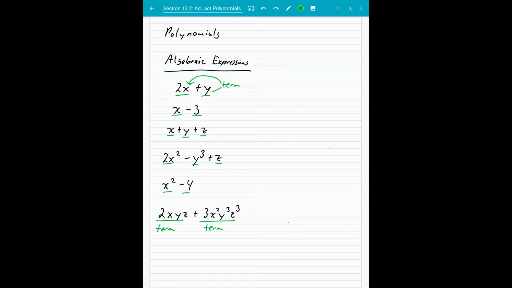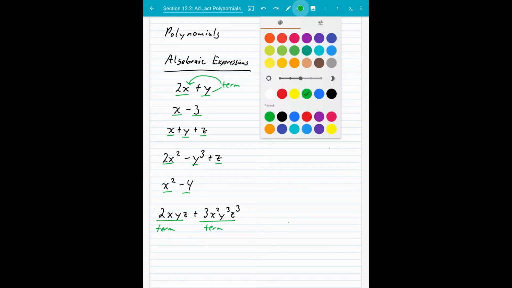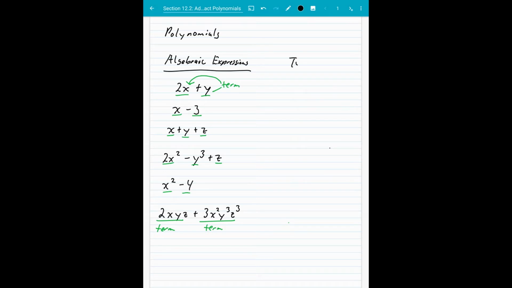It doesn't need to have a coefficient. Like for instance, that's a term. This is a term. And the terms in a sequence together make an expression, and they also make something called a polynomial. So we're going to talk about what the polynomial is and how to read what type of polynomial it is. First off, we have types of polynomials.